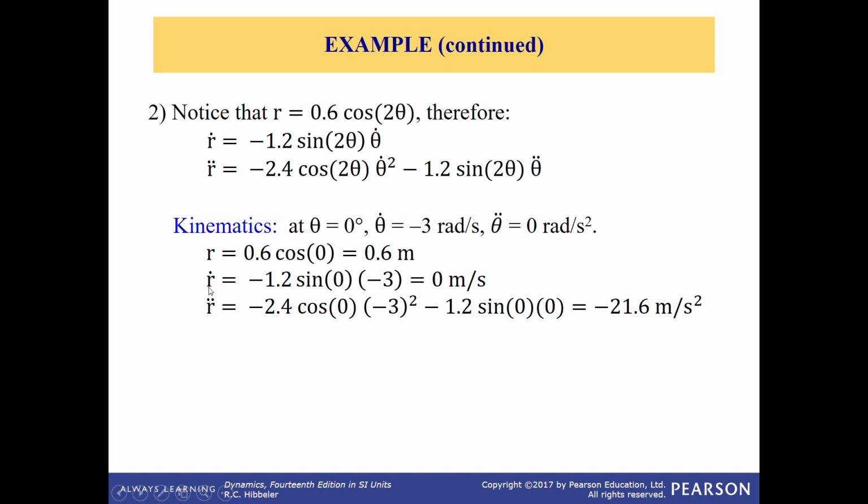So to find r dot, you need to insert the value of theta equal to 0 in this case here, and also negative 3 in here. So you will have r dot equal to 0 meter per second.